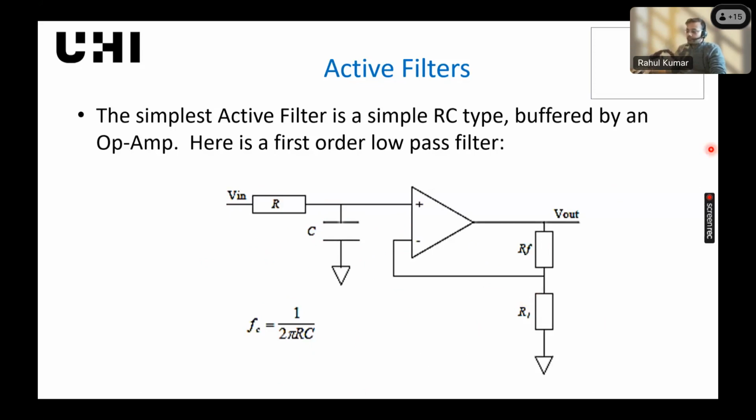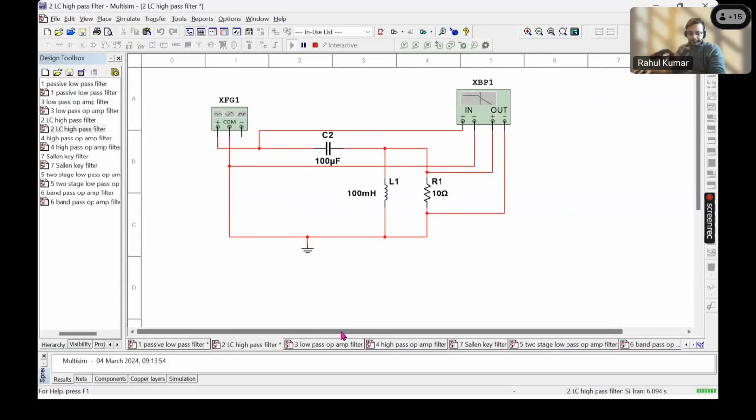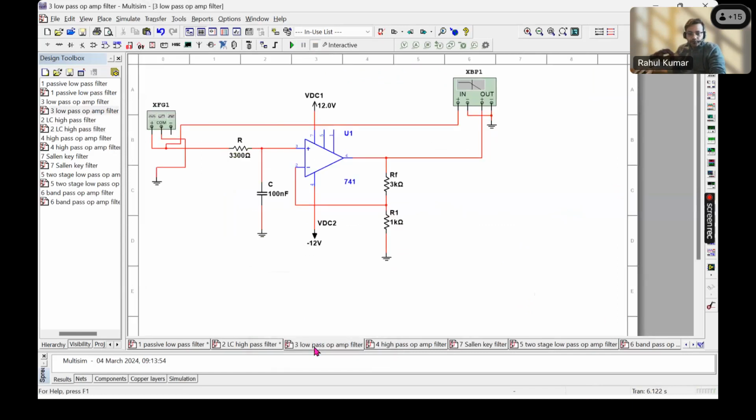Let's look at this circuit on Multisim. All right, so this is your RC active filter.